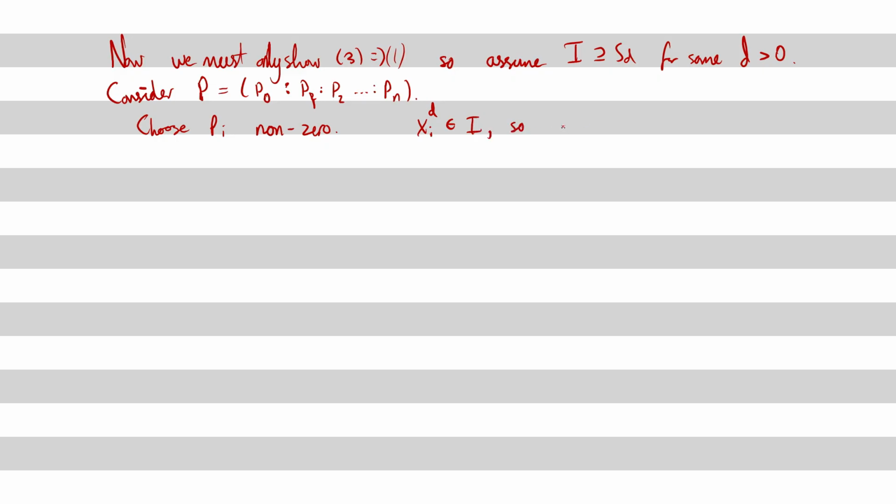So, f equals xi to the d vanishes on p. f of p equals pi to the d, which is by definition non-zero, so contradiction.